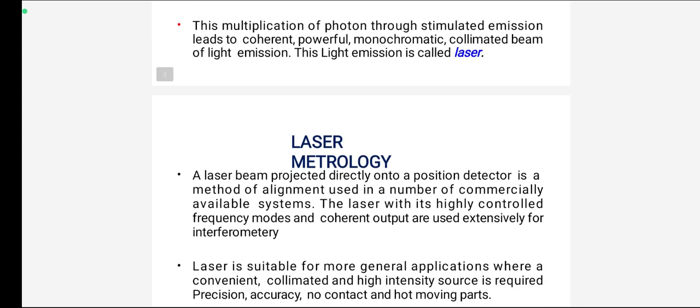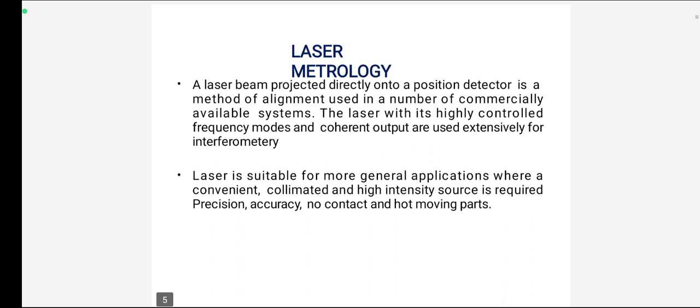Next, laser metrology. The laser beam projected directly on a position detector is a method of alignment used in a number of commercially available systems, and laser is suitable for more general applications where a convenient collimated and high intensity source is required.